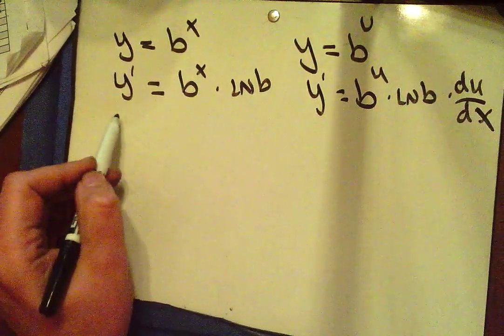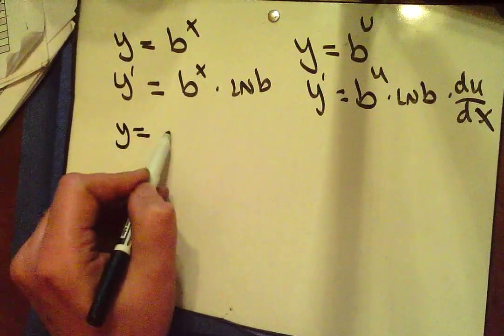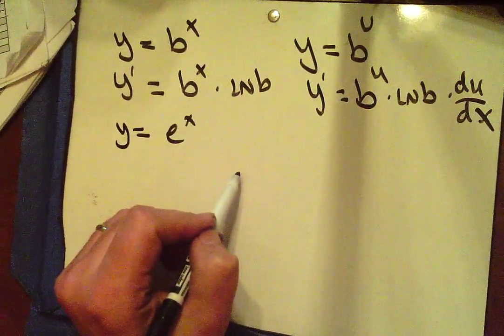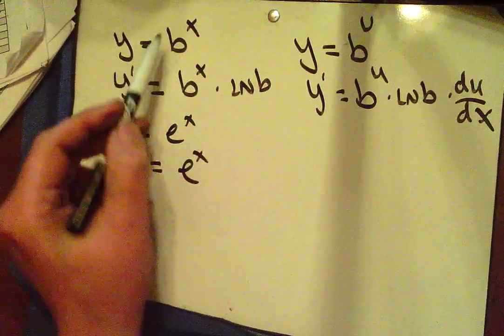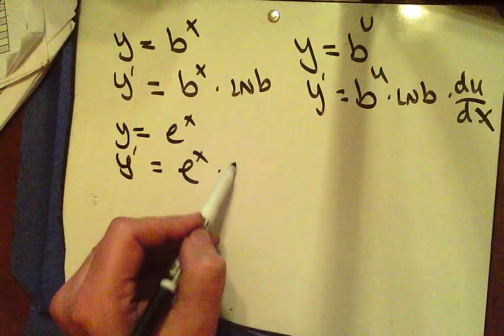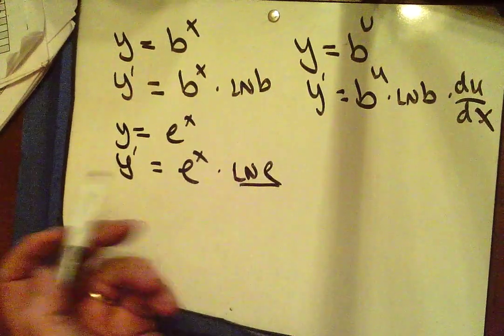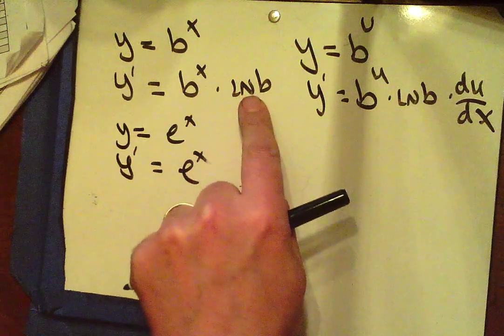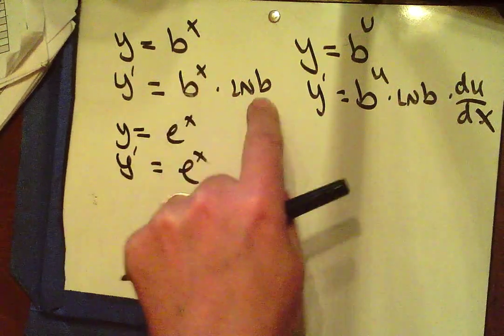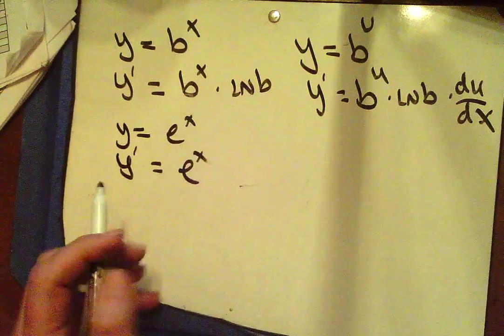We also know that y equals e to the x, and y prime is e to the x. It's the same rule here, but remember, the ln of the base turns out to be 1. So we don't see that 1 the way we see if this were 2 to the x, ln of 2, we would see that connection.